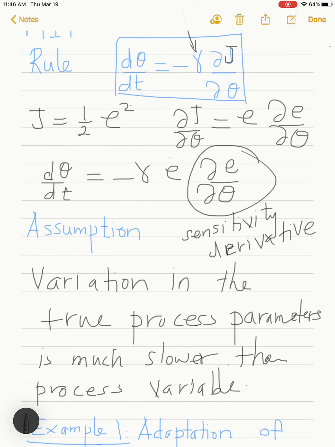That means that the unknown parameters, the actual unknown parameters of the plant, almost don't vary as compared to the change, say, in the output or the state variables of the system. So this is a basic assumption for the coming analysis.